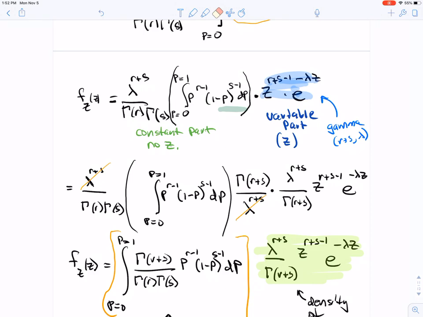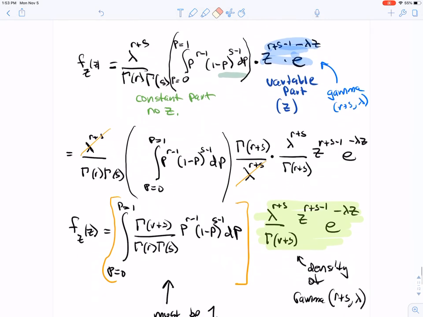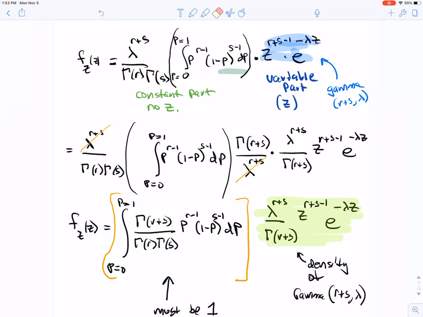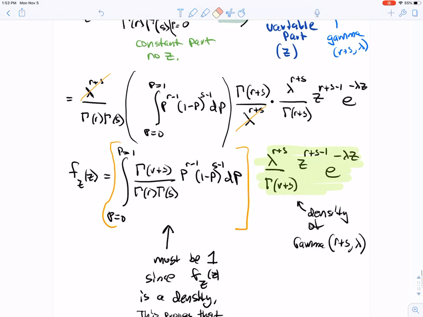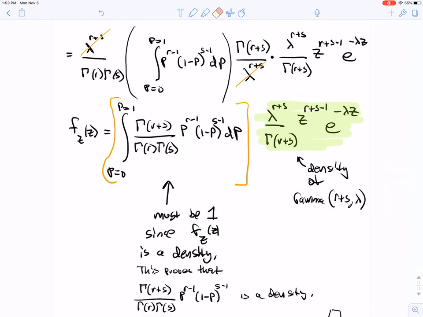Writing the constant part in a funny way here, we get exactly the density for gamma inside the convolution density, and hence the constant in the yellow bracket here must be 1, and that is nothing else than the integral of the density of beta.